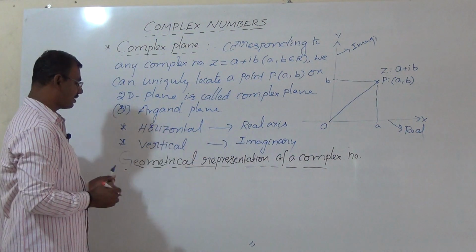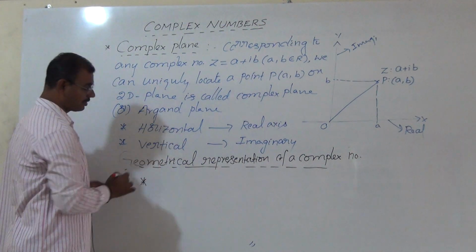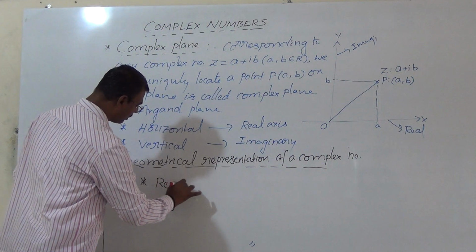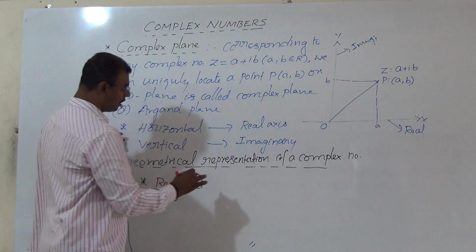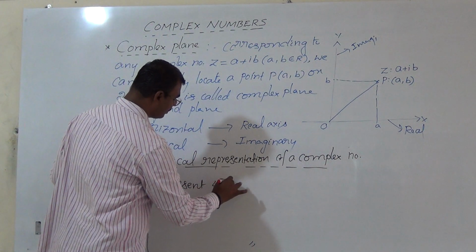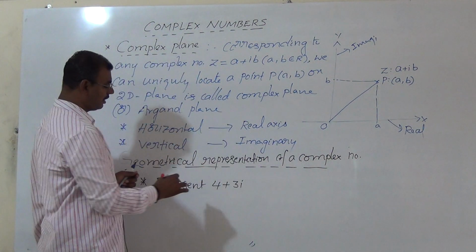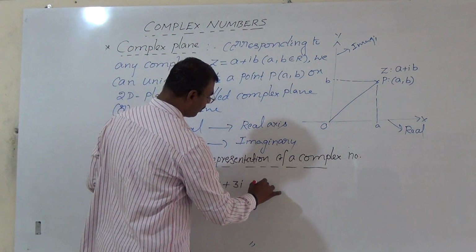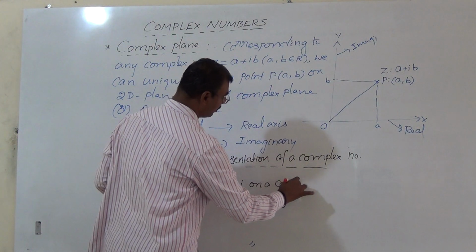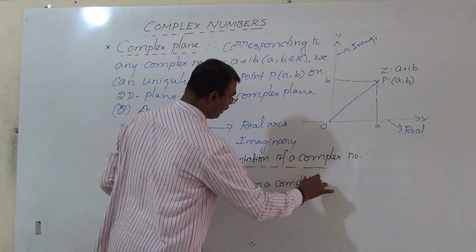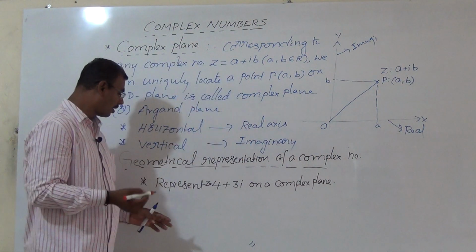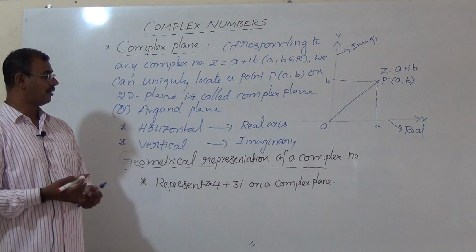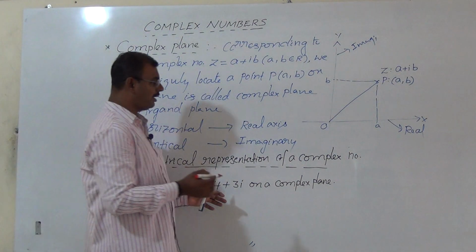The question is: represent z equal to 4 plus 3 iota on a complex plane, or Argand plane. It is very easy to represent.